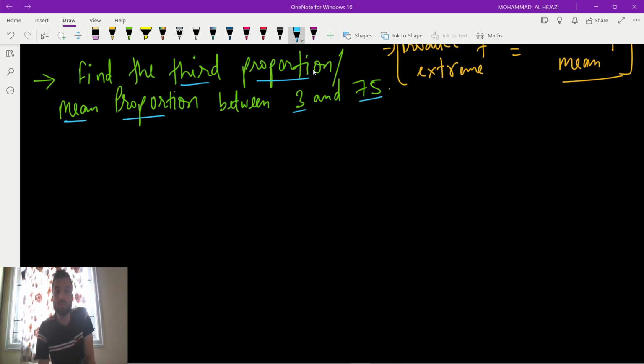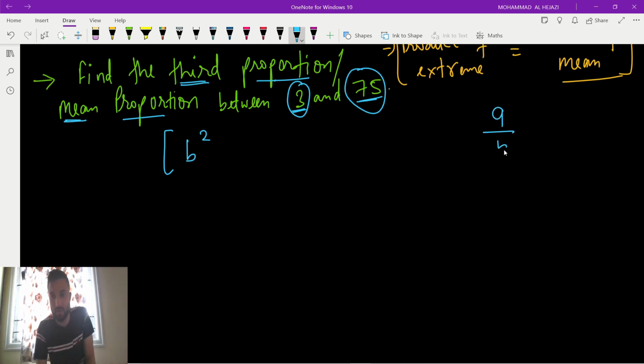So, third proportion is what? Third proportion is B. So the formula, you will directly write the formula. Either they say find the third proportion when two numbers are given, or find the mean proportion when two numbers are given.